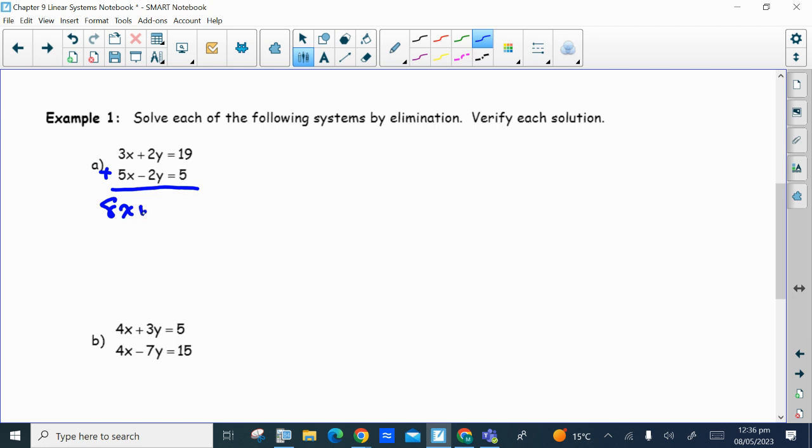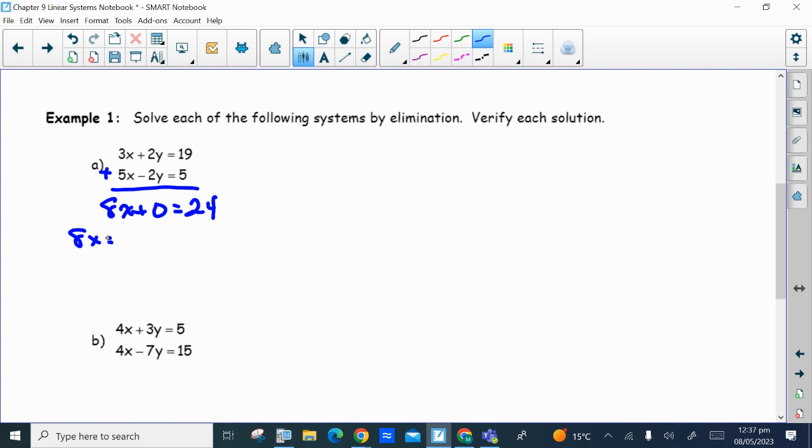Once again, when you add negative 2y and positive 2y together, you'll get 0. The y's are just 0. They cancel. And then when you add 19 and 5 together, you'll get 24. You add the x's together, the y's together, and the constants together. And the reason we're adding is because the coefficients in front of the y terms are opposites. So when you add them, they cancel.